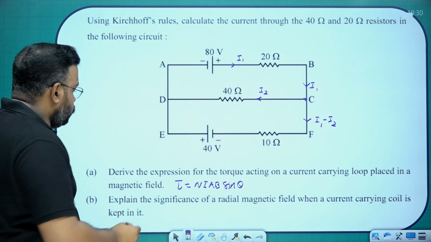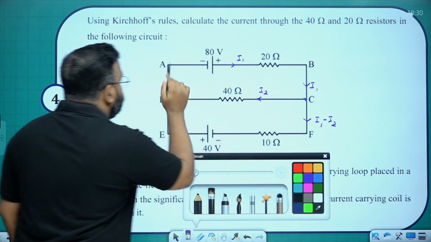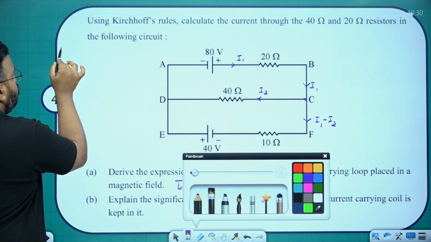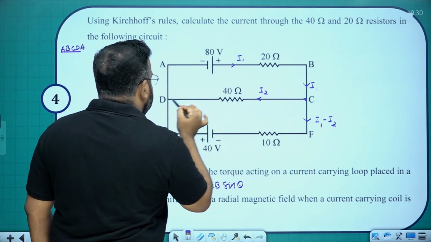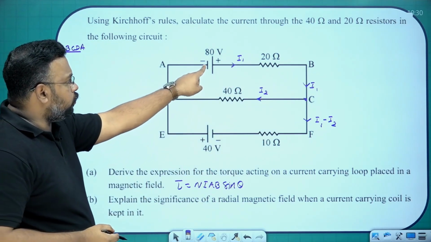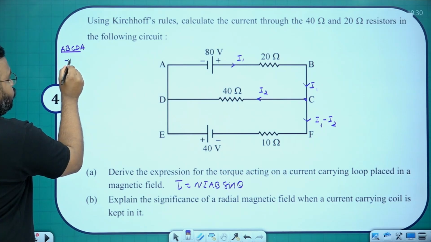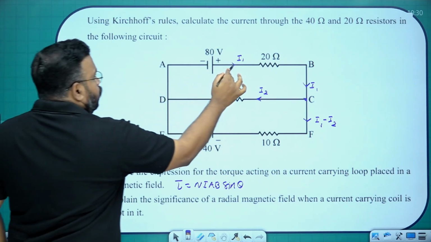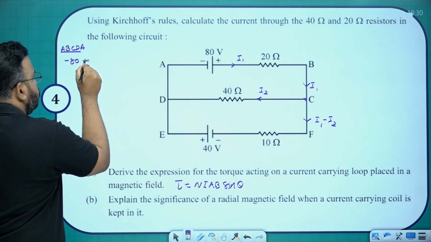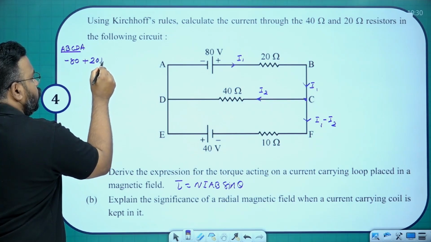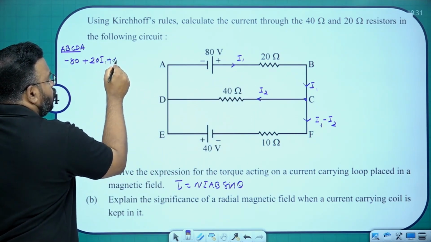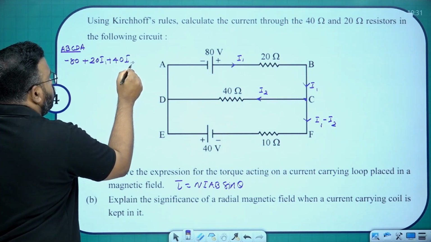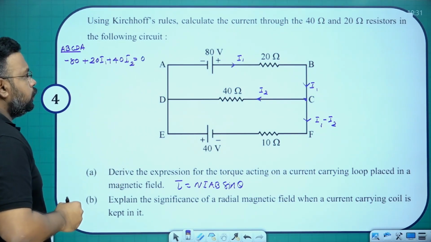Okay, so we can use Kirchhoff's loop rule. So let me start with the loop name. Okay, this I'll be writing here. A, B, C, D, A. This is the loop I'm going to take first. If I'm going to start from here, I can see minus 80 plus 20 I1, right? Plus 20 I1 plus 40 I2 is equal to 0.